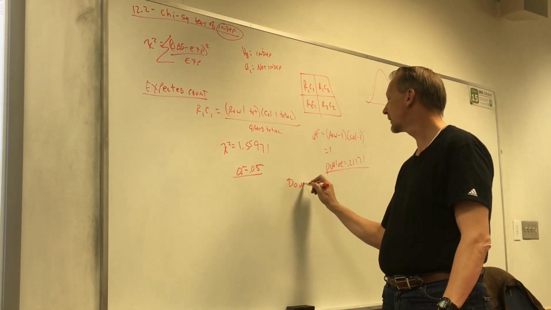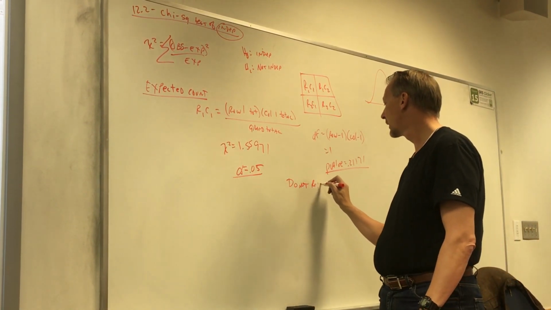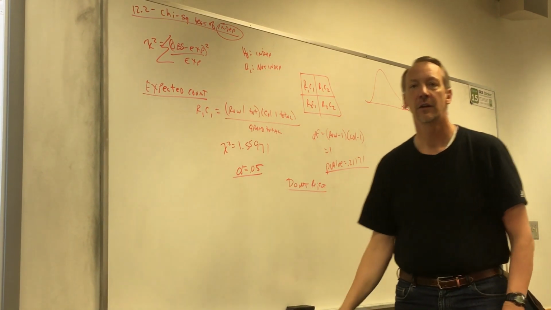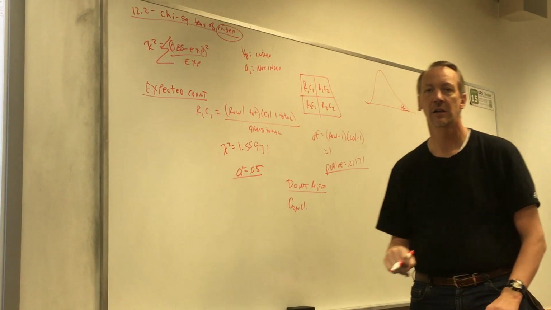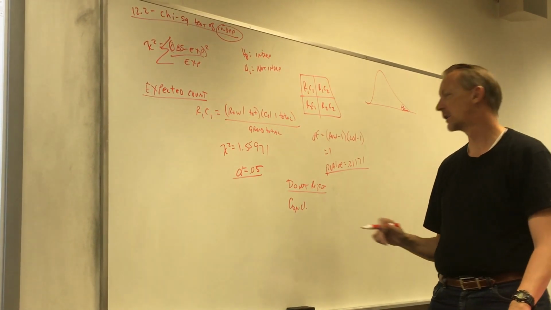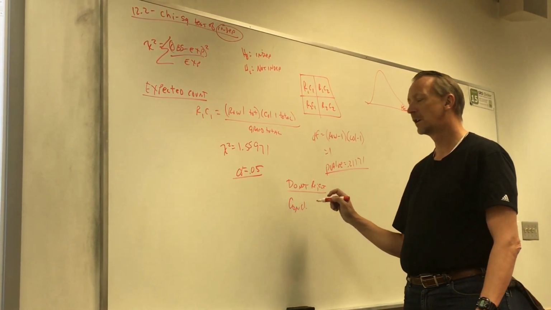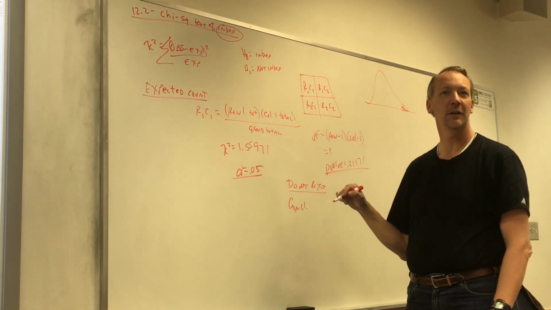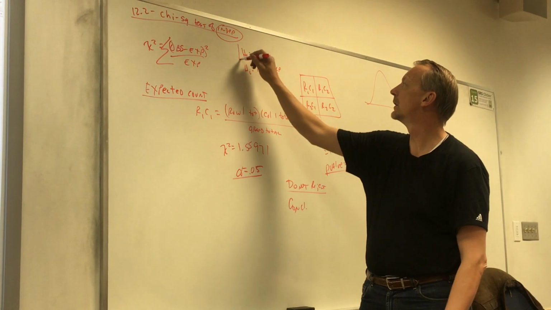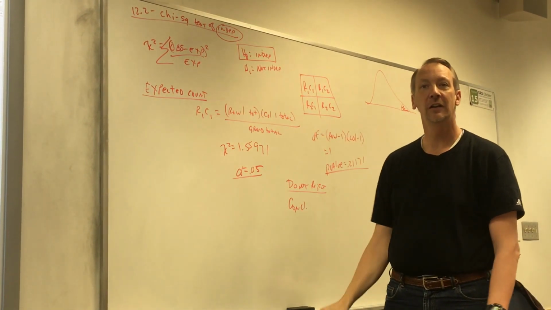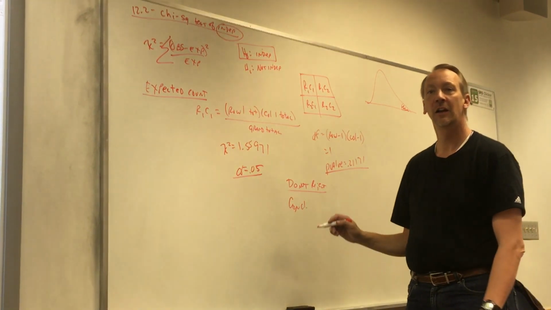Do not reject. Okay? And your conclusion is what? There is not sufficient evidence to support the claim that. So you could say there's not evidence here, but we do not reject the null, right? What does the null say? That they are independent of gender.